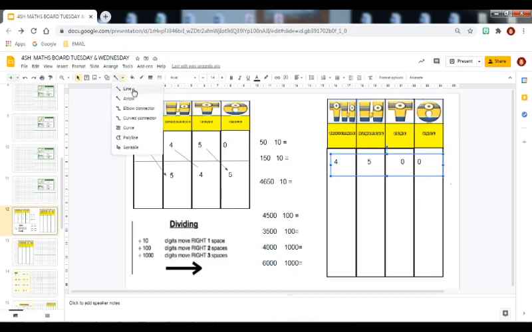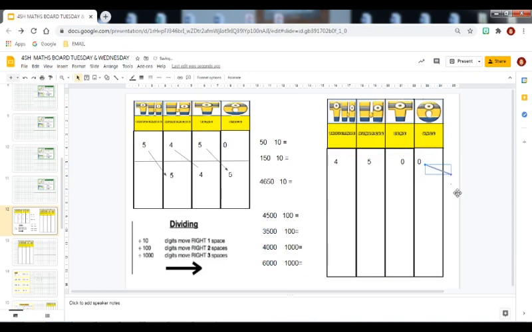So I'm now going to move them 2 places to the right, and I can see that if I move the 0 that's in the ones 2 places to the right, it actually isn't on my place value grid anymore. And that will also happen if I move the 10s 2 places.